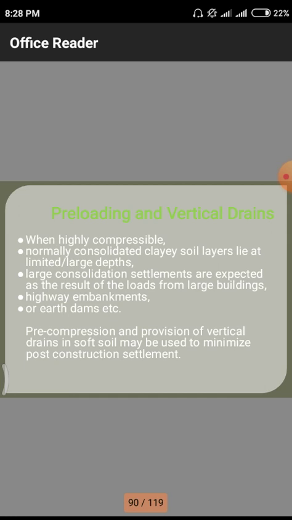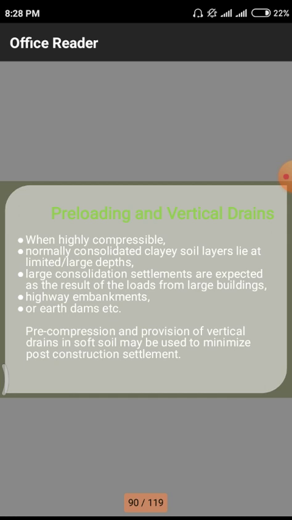The speed and weight of the vehicles can be borne by the different soils lying in the field, with different kinds of stresses like shear stresses and compressive stresses applied while vehicles move on the embankments, so we have to apply these preloading techniques and vertical drains in highway embankments also.